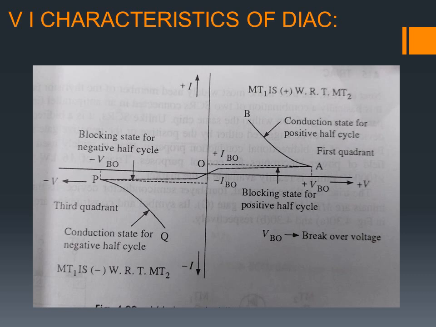So, it has to be limited by some external resistance or else it may damage the diac. In the first quadrant characteristics, MT1 is positive with respect to MT2, whereas in the third quadrant characteristic, MT2 is positive with respect to MT1. The value of breakover voltage is generally about 32 volts. So, this was all about the voltage current characteristics of diac.